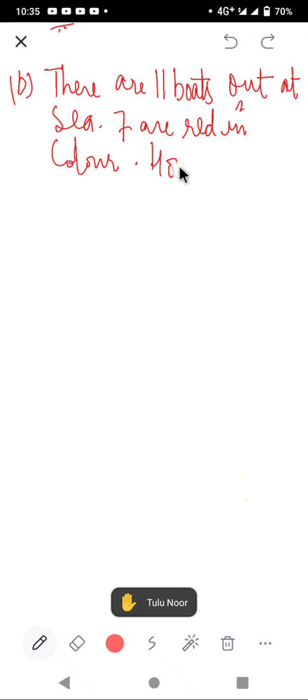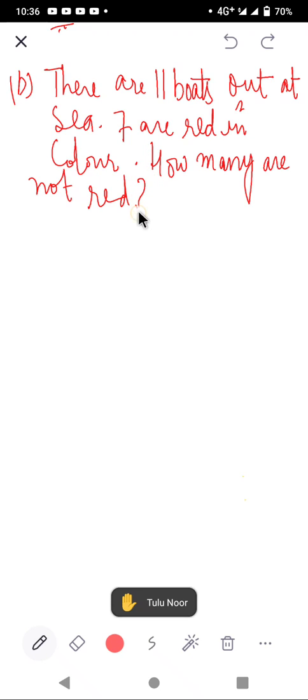How many are not red? Let's see the solution of this.